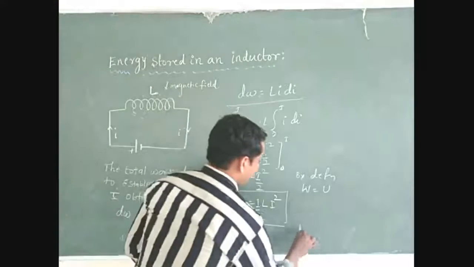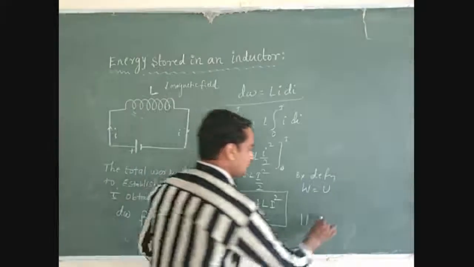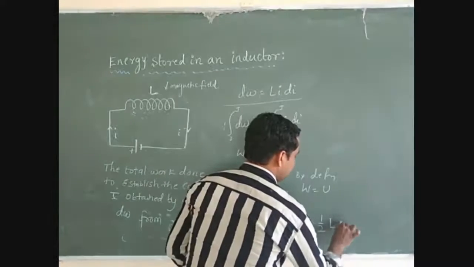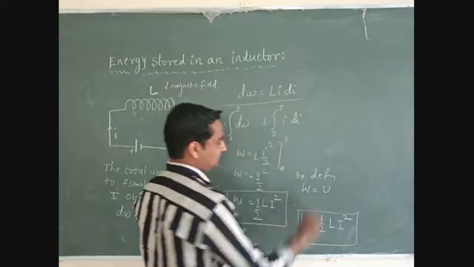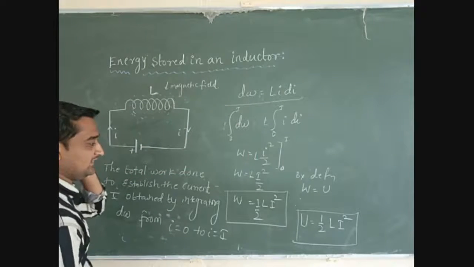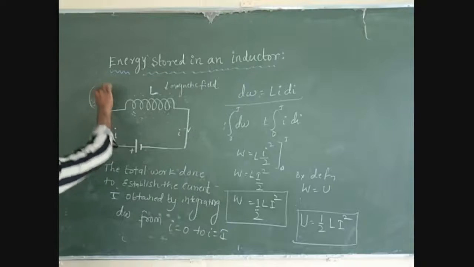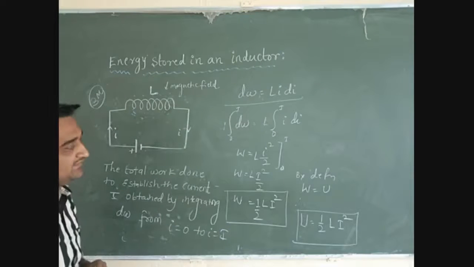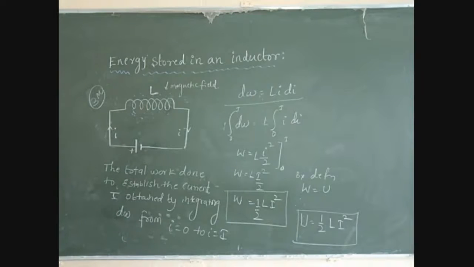Therefore, U is equal to 1 divided by 2 L I square. So this is the expression for the energy stored in an inductor. This is a very important derivation for 3 marks. In the annual exam they may ask it for 3 marks, right? So it is a very simple derivation.